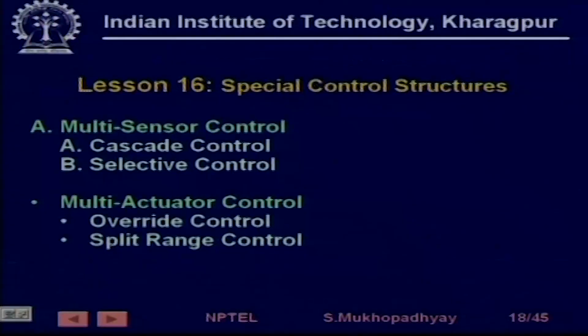Similarly, we can use split range control, and then we can use override control. From time to time your plant operational policy can change. Sometimes you operate for maximizing production, sometimes for minimizing energy consumption, or for some emergency condition, or from the point of view of safety.